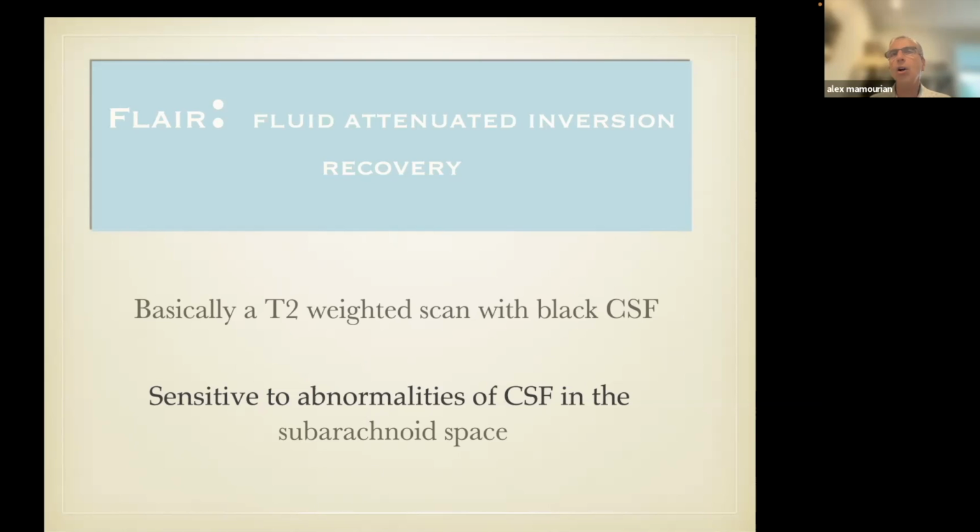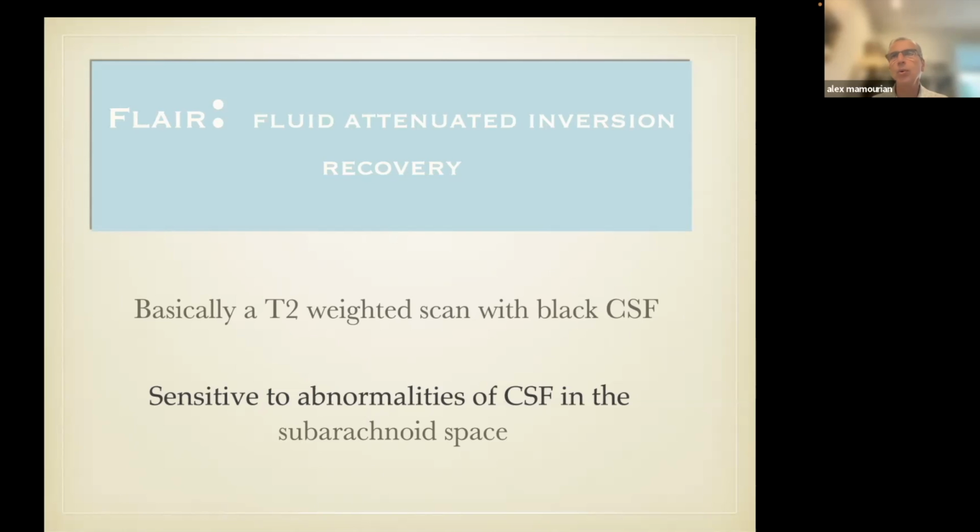Anything that alters the CSF will change the way it looks on FLAIR imaging. So blood, pus, contrast, and so on will change the way the fluid looks. You can think about FLAIR imaging basically as a T2 weighted scan with black CSF, but it's very sensitive to abnormalities of the CSF in the subarachnoid space.